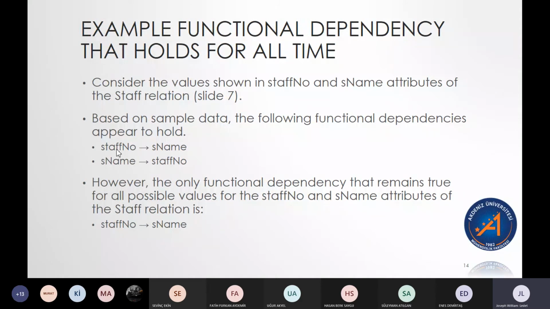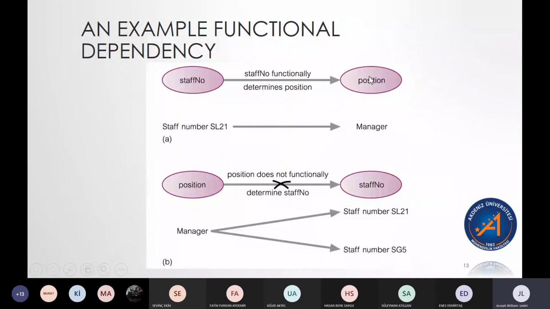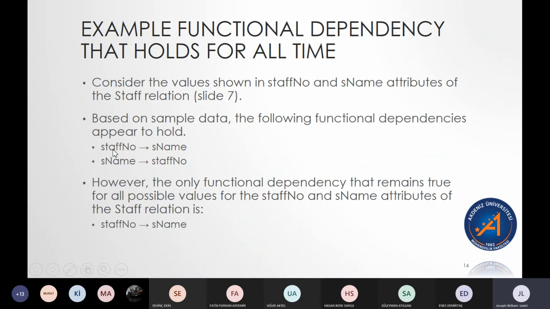Okay. So you say the staff number determines name, but staff number, like in our previous example, let's go back, staff number also determines position. And what we'll see is the way that we'll write that is staff number determines all the columns that it determines.